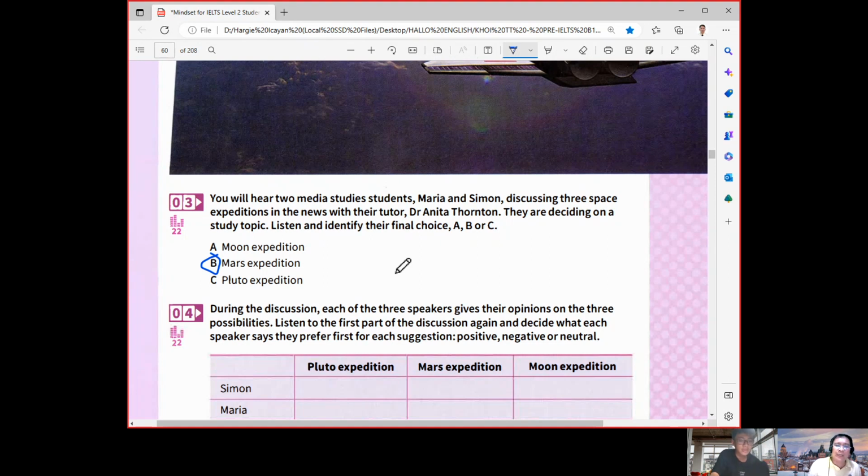Yes. So if they go to do the Mars expedition, they will be the ones who can give the first report, right? If the expedition to Mars becomes successful, they will be part of that because they were the ones who reported that expedition, right?